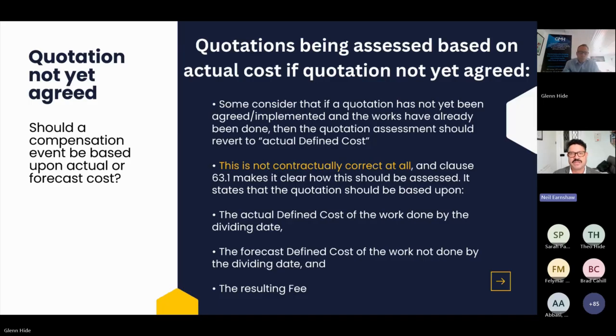So if the compensation event is triggered by primarily an instruction, but it could be a certificate, a notification, or a change decision, then if the compensation event is for one of those reasons, the dividing date is the date of that communication.